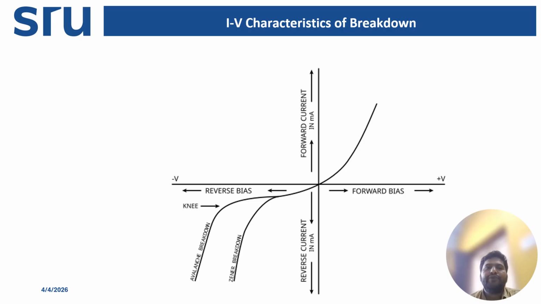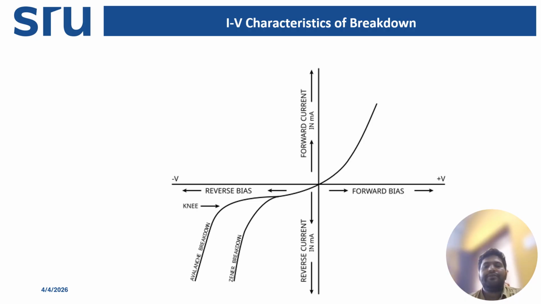So the breakdown point: as the reverse voltage increases further, it reaches a critical value called the breakdown voltage. It is denoted by V naught. At this point, current increases suddenly.